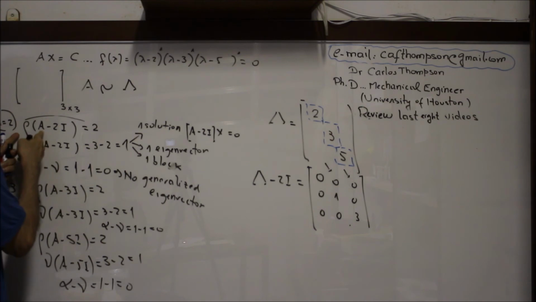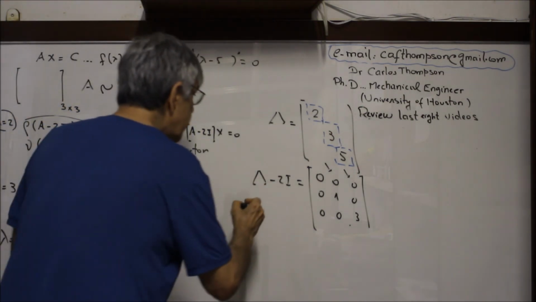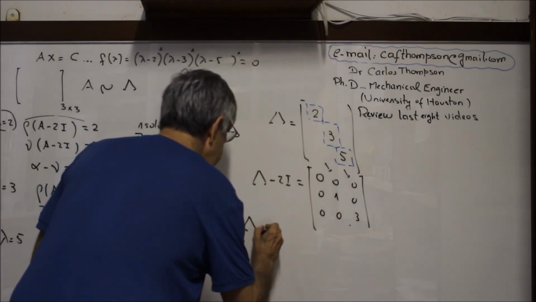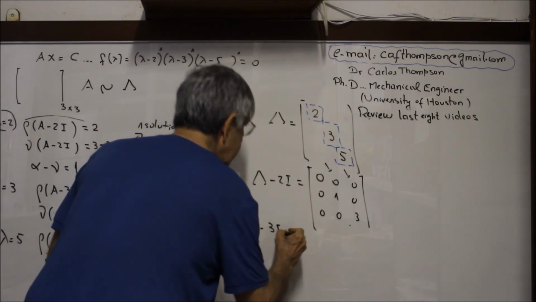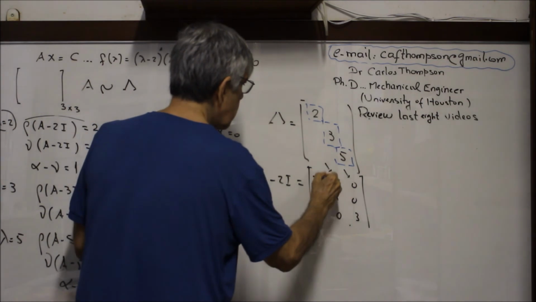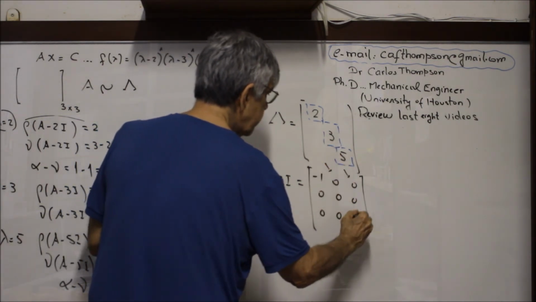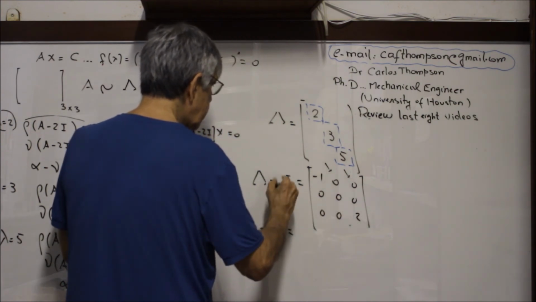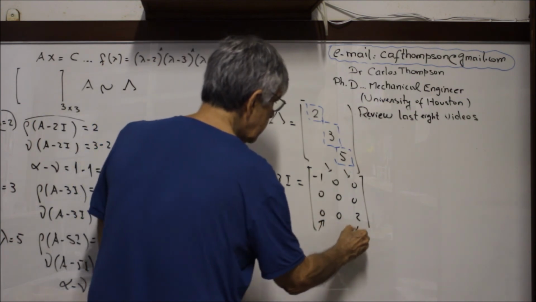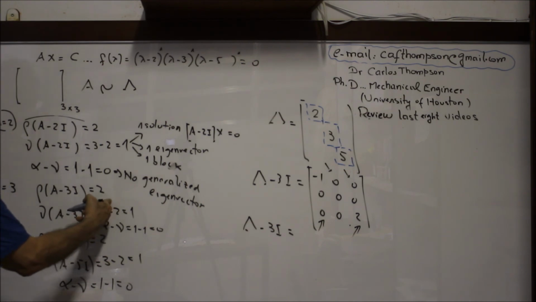The rank of matrix A is 2. Likewise, what is the rank of lambda minus 3I? Okay? Now this is 2 minus 3, this is minus 1. 3 minus 3 is 0, and 5 minus 3 is 2. So that's the rank. The rank of lambda minus 3I is 1 here and 1 there. So it's also 2. You see, for lambda is equal to 3.